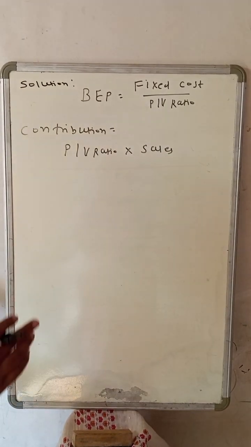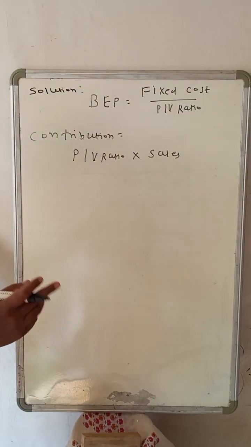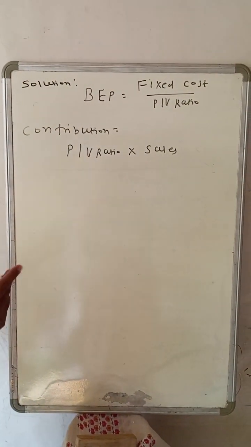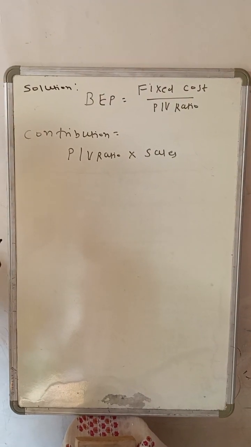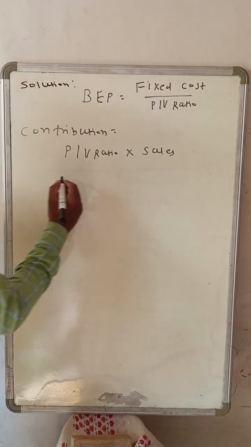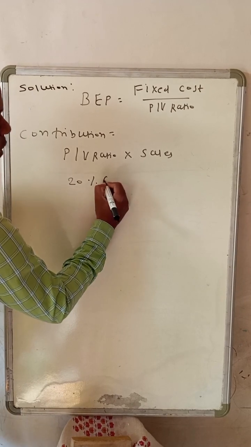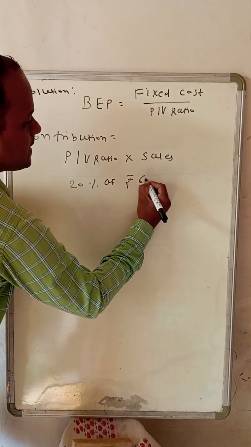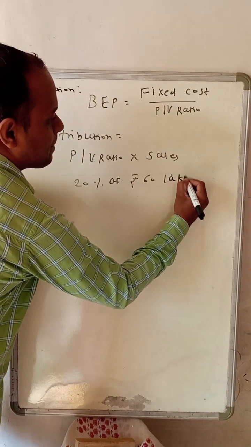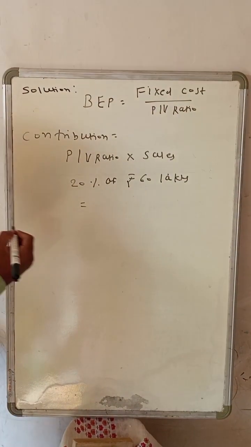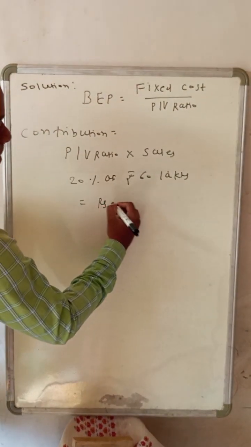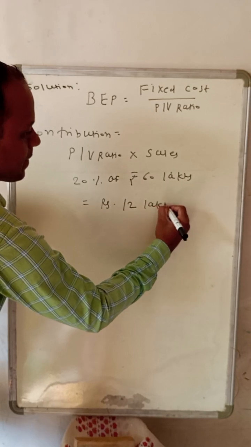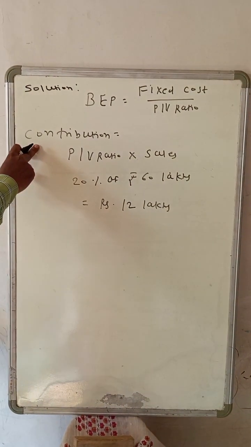So I will choose the second period, which was 60 lakh, and your profit volume ratio is 20%. So 20% of rupees 60 lakh should be rupees 12 lakh. So contribution is 12 lakh.